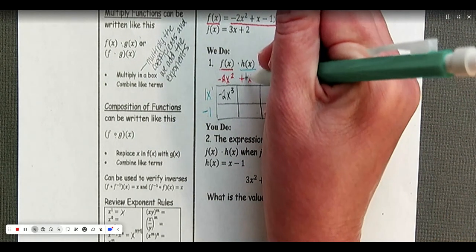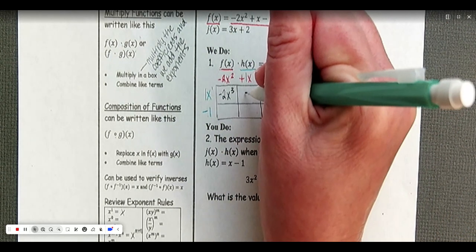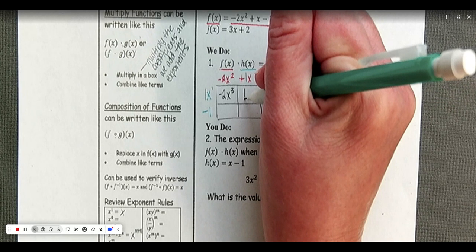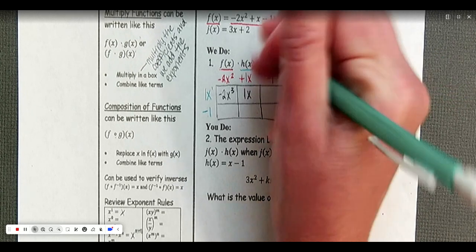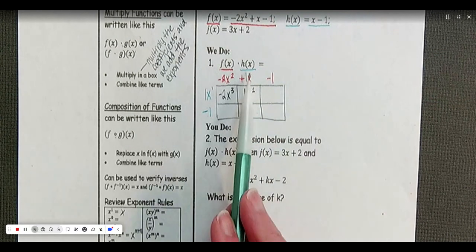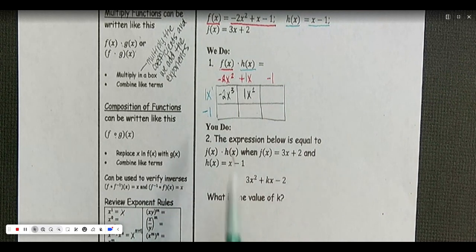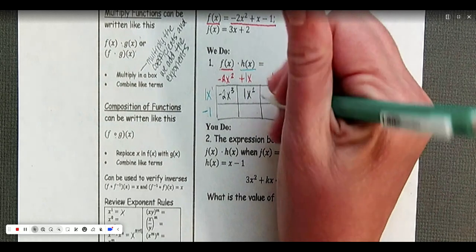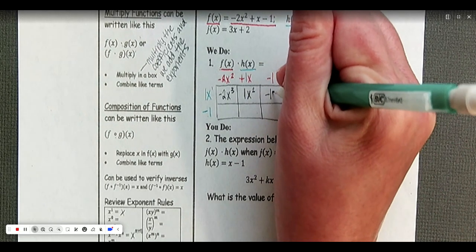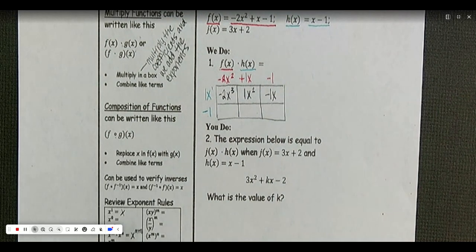I have positive 1x times positive 1x, so 1 times 1 is 1, and x times x is x to the second power. So I have two x's, so x to the second power. In the last square, 1x times negative 1 gives me negative 1, and I have that 1x. So now I'm going to start multiplying with the negative 1.